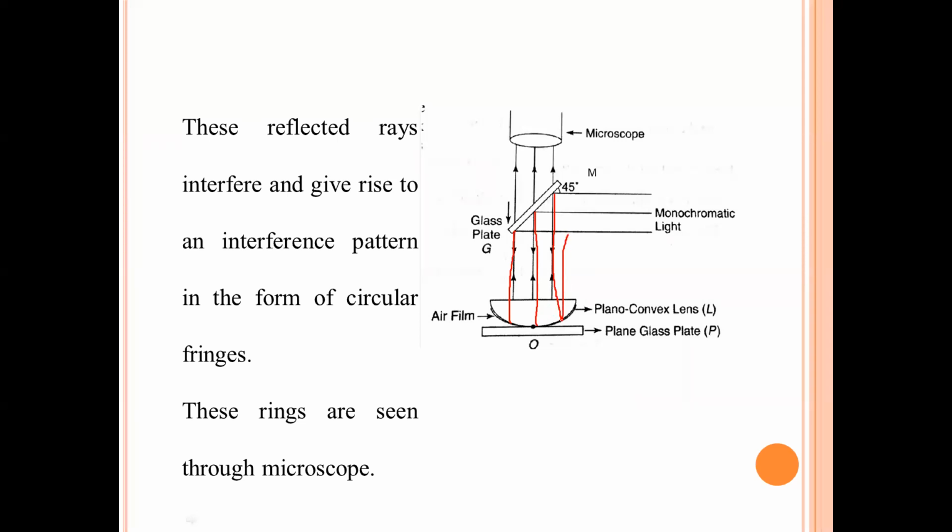One is reflection, another one is refraction. Again, this ray acts as an incident ray for the plano-convex lens. Automatically, it also splits into two parts. One is reflection, another one is refraction. Now, these are the two reflected rays. Ray 1 and ray 2 are superimposed.